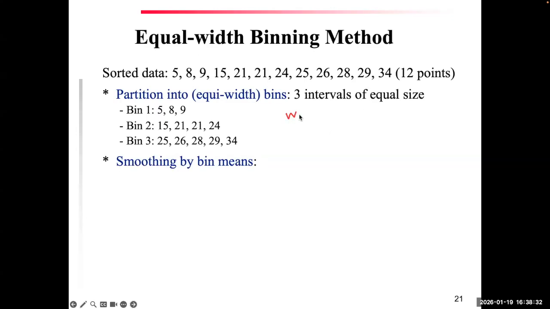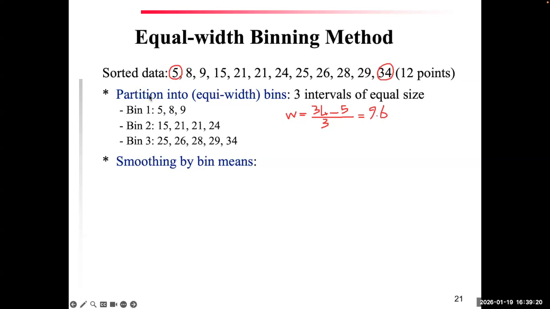As I said, width is equal to your largest number, this is your B, 34, minus your smallest number, so max minus min: 34 minus 5, divided by 3, because we want 3 intervals of equal size. This gives you 29 by 3, which is 9 point something, around 9.6.